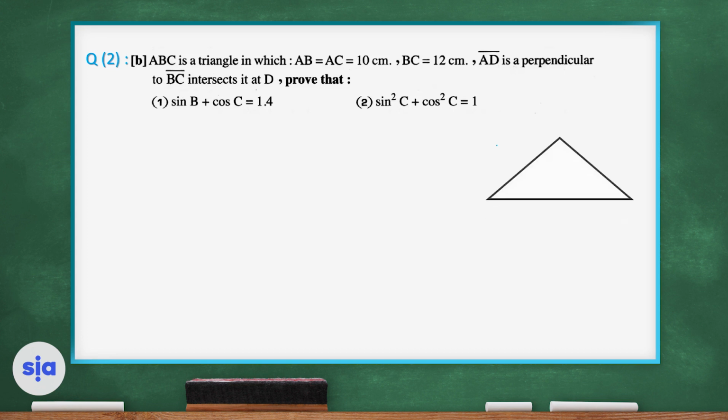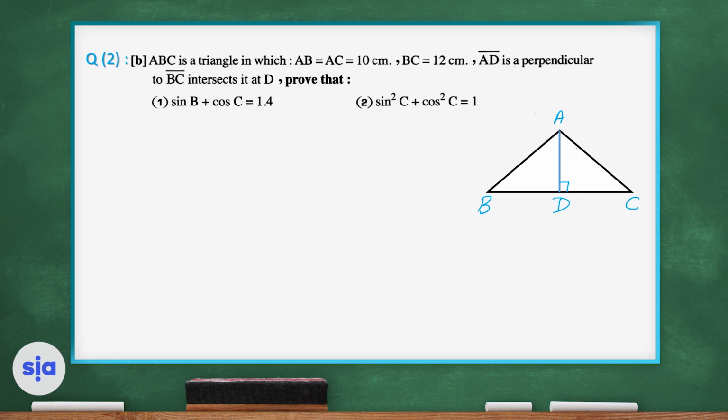Here is the triangle, and we're going to name it triangle ABC. Then we're going to draw the perpendicular to BC. So this line is perpendicular to BC and it intersects it at point D.